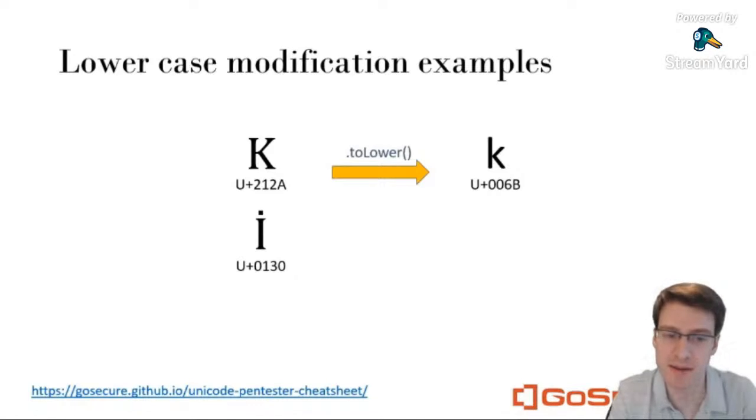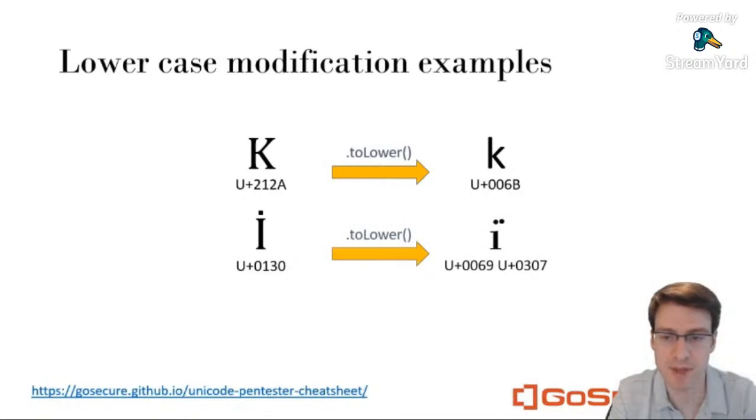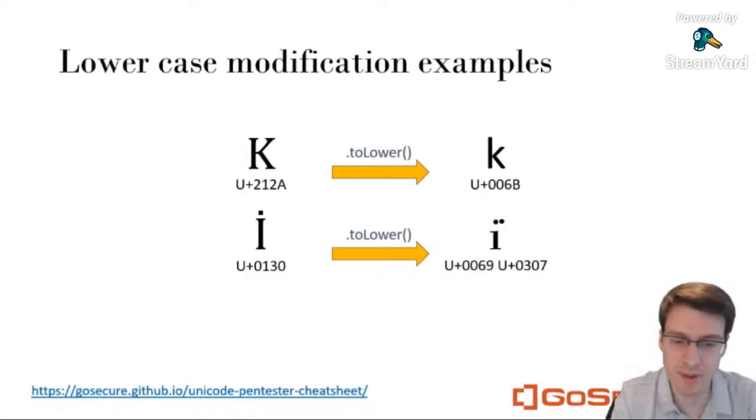The dotted capital I will become a small i with a dot on it, so it becomes Latin character i with a combining character that is a dot. Potentially the second character could be truncated later on, but this is less likely to cause an issue in the flow of an application, because it's not all Latin characters.